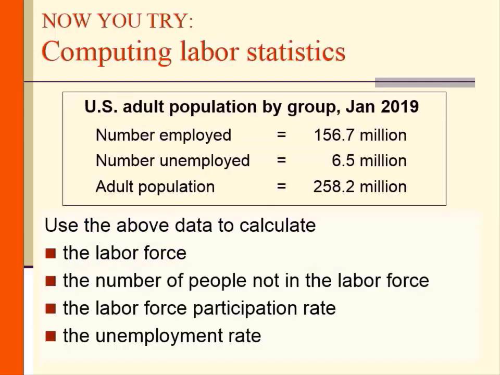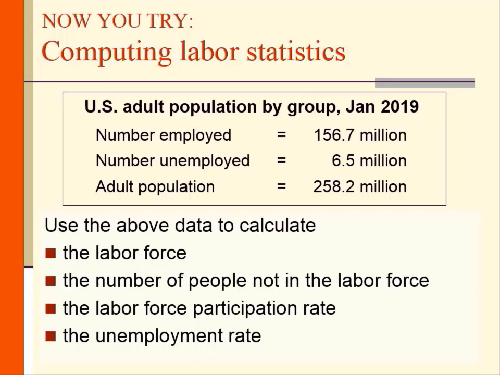Now, based on this information, let's try to compute these statistics. That is labor force, the number of people not in the labor force, the labor force participation rate, and the unemployment rate. First, the labor force. What is labor force equal to? Labor force equals the number of employed plus the number of unemployed.